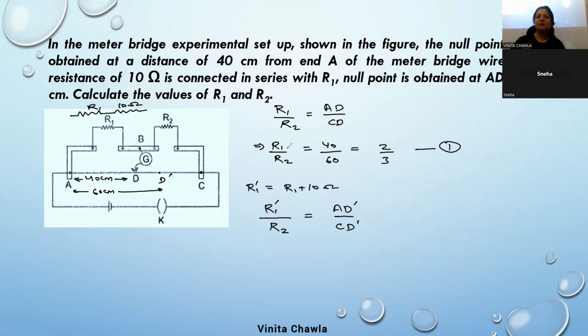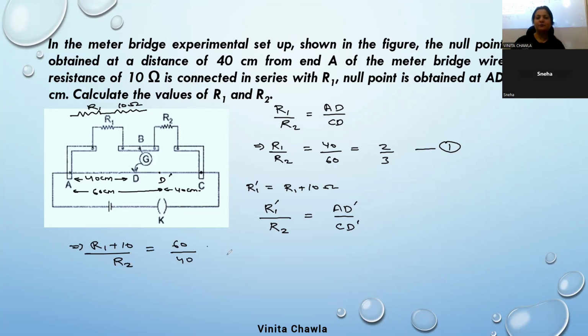So for R1 dash, we will write R1 plus 10 divided by R2. AD dash is 60, and therefore CD dash is 40 centimeter. Total is 100, so it's 40.